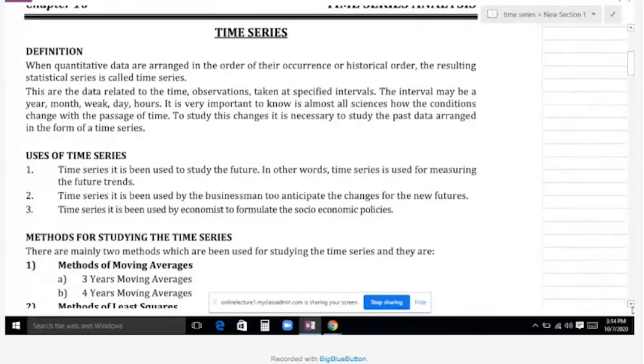So let me start with the meaning of the term time series. What is the definition of time series?